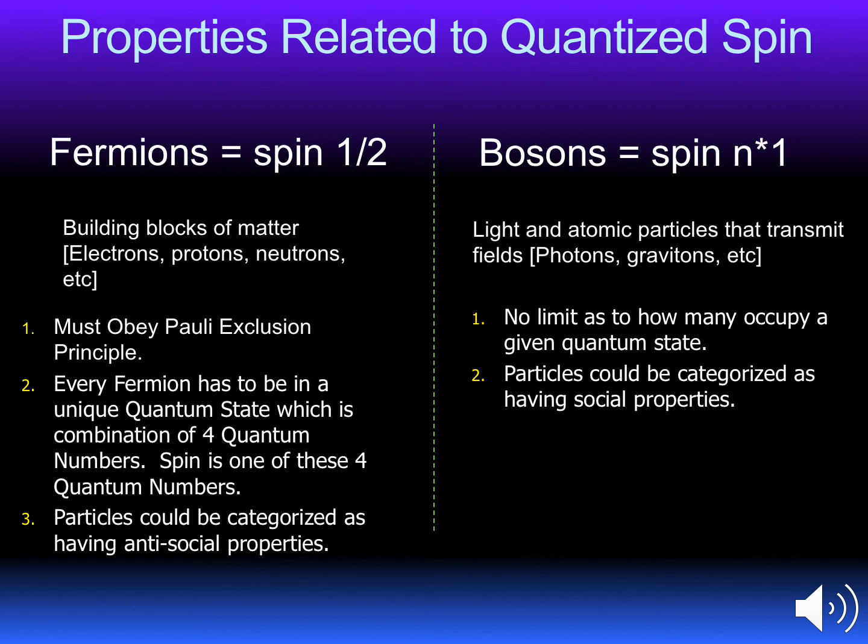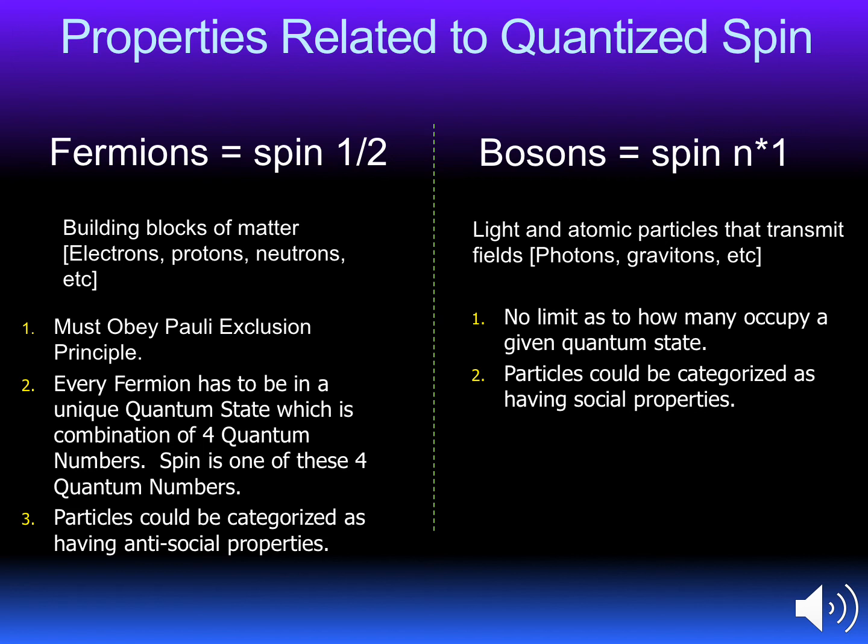And spin is one of these quantum numbers that helps to define the uniqueness for each fermion quantum state. We could categorize fermions as having antisocial properties. When you look at bosons, bosons are ones that have n times 1 spin values, and these are the light and atomic particles that transmit fields.